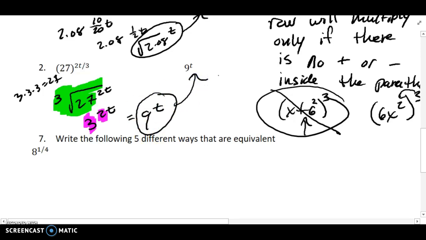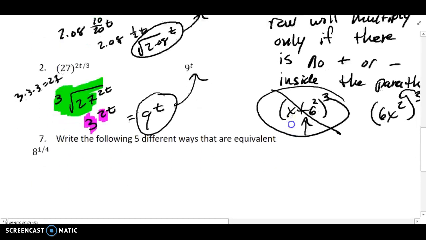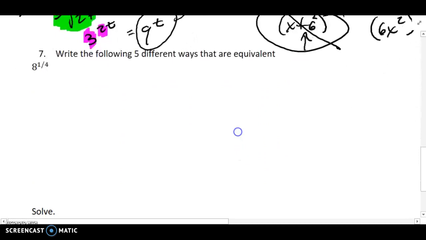Okay? So notice these really funky rules where we can manipulate things. That is the standard. Oh, and here's also a thing that hits the standard. It says, write 5 different ways that are equivalent to 8 over 1/4. Well, that's not that hard, because isn't 8 over 2/8 the same thing? What about 8 over 4/16?